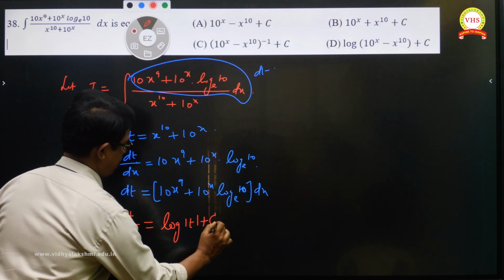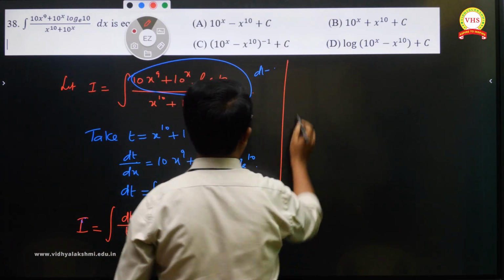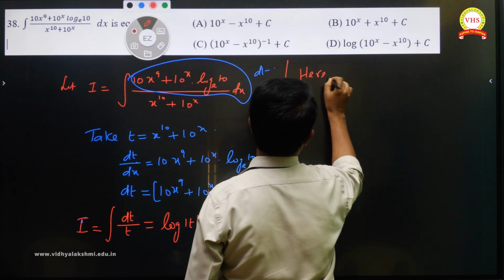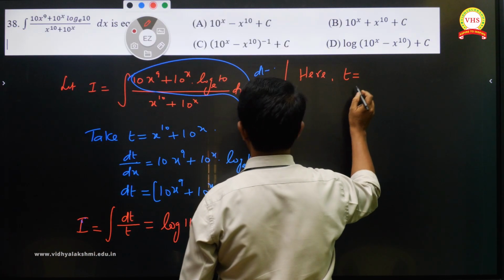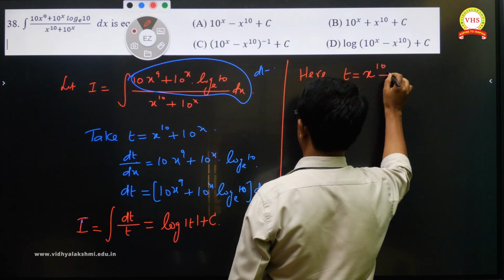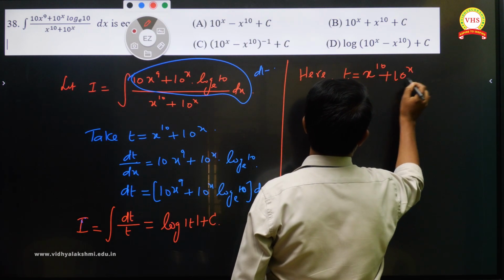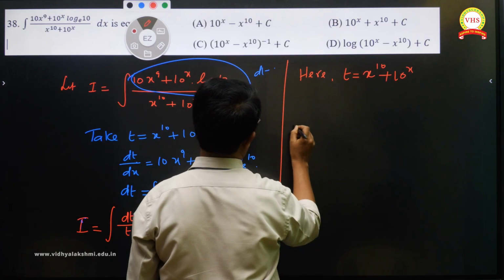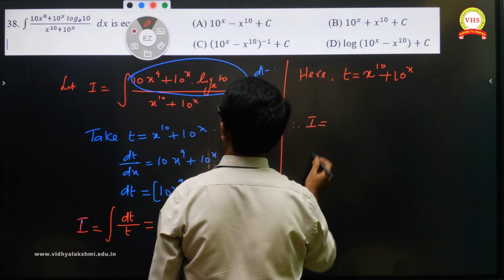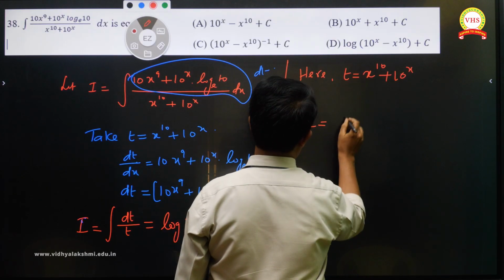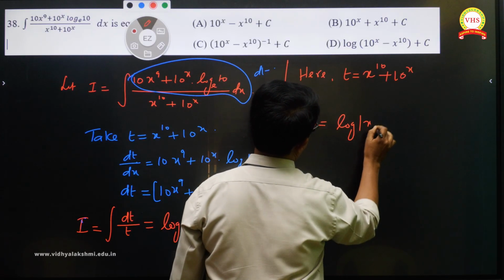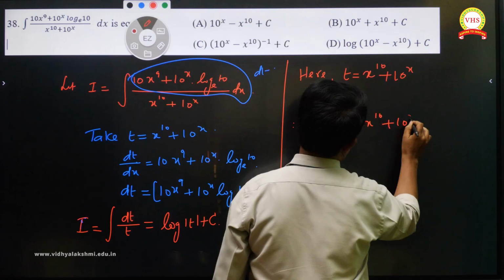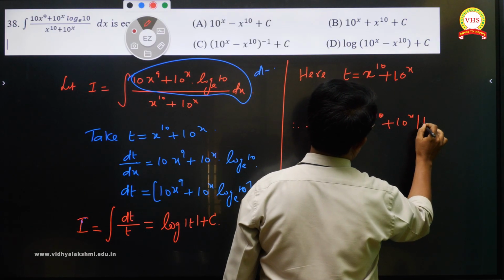Plus c. Now replace t, which we took as x power 10 plus 10 power x. Only replacing the value. Therefore I equals log of x power 10 plus 10 power x plus c.